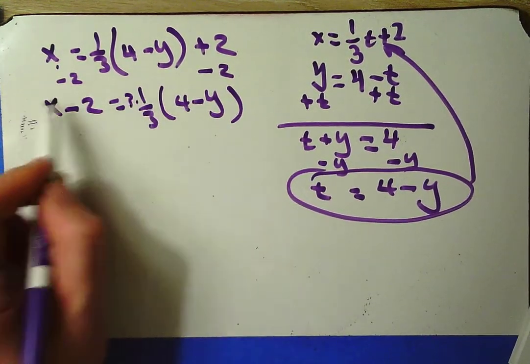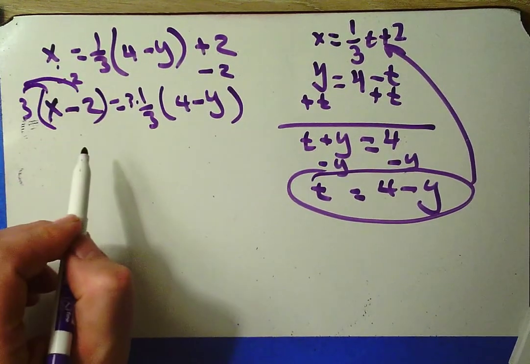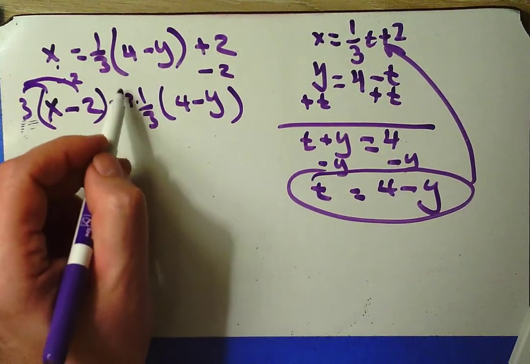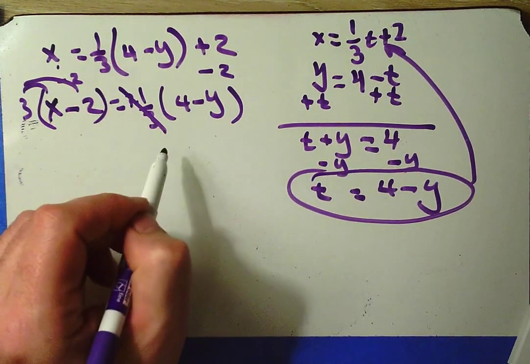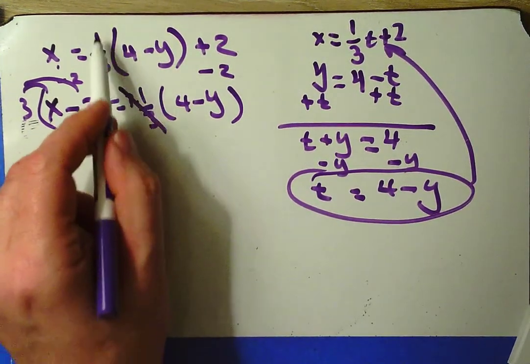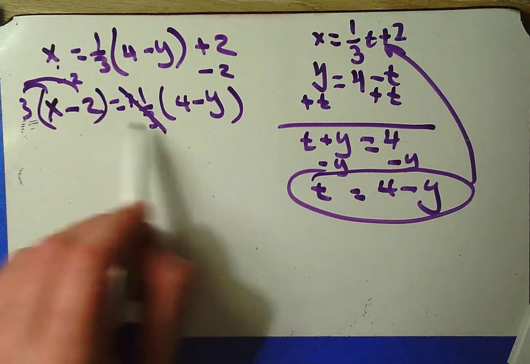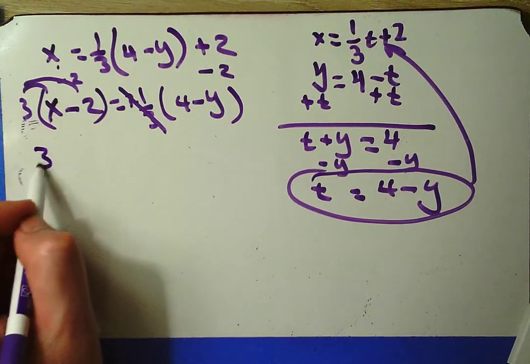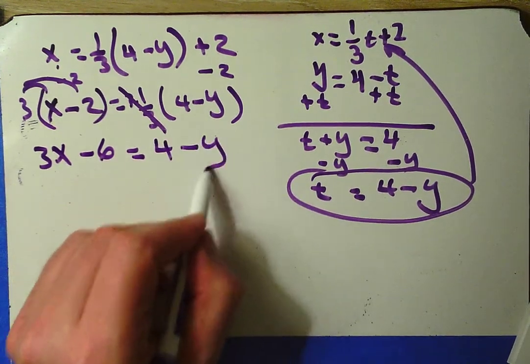Instead, I'm going to multiply both sides. Notice on the left, everything gets multiplied by that 3. And on the right, everything does too, but I'm canceling that 3 and that 1/3. I prefer this method to the distributing because distributing would give me a fraction, and multiplying both sides by the reciprocal gives me no fraction. It gives me 3x minus 6 equals 4 minus y.